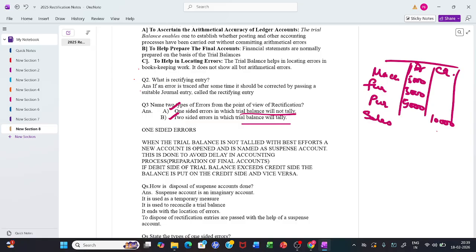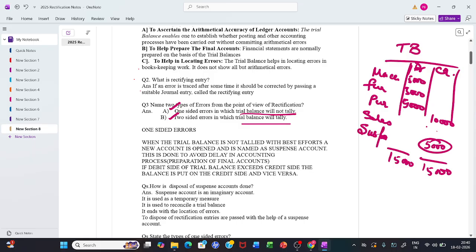It is not tallying. You have tried a lot. You have to submit this trial balance. It's not like school, you can't share an incomplete one. If you're working, you have to tell your employer why these two are not tallying. So in a way, the credit side is short by 5,000. You write 15 on both sides, and this 5 gets transferred to suspense account.